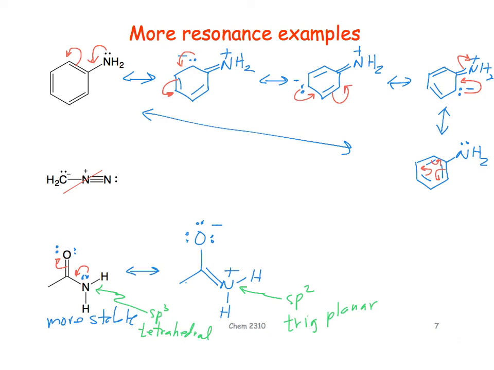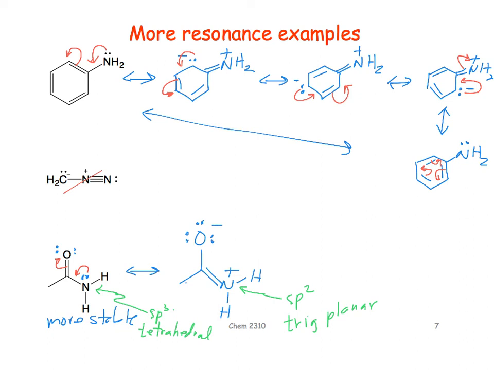Okay, which one should be changed? The one on the left? Because if it doesn't have a pi bond, or if it doesn't have a p orbital to share those electrons to, then they can't have resonance. Exactly. Because this one on the left, if it's sp3, that means there's no p orbital there, right?